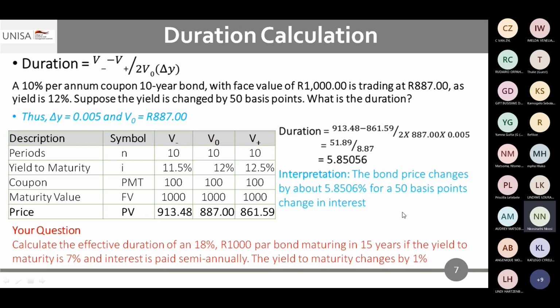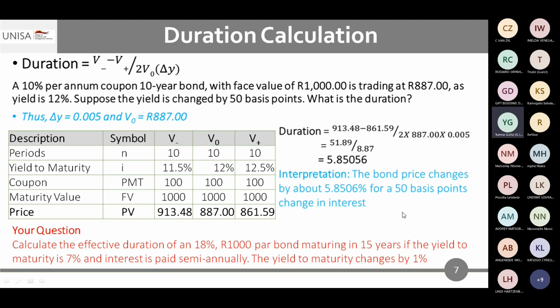Just a question on my side. In this example, we are given a statement that says, suppose the yield is changed by 50 basis points. So are we not supposed to divide it by 100 to give us 0.5? Yes, we are supposed to divide by 100. But I see the example is divided by 1,000.